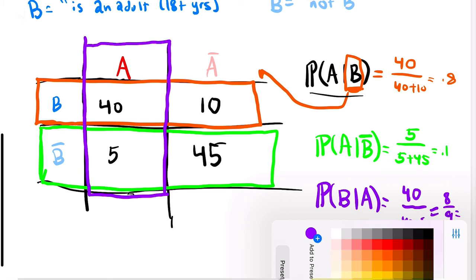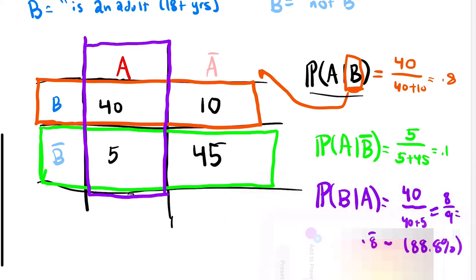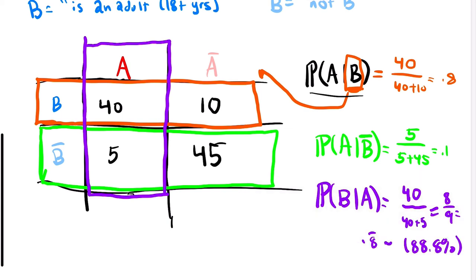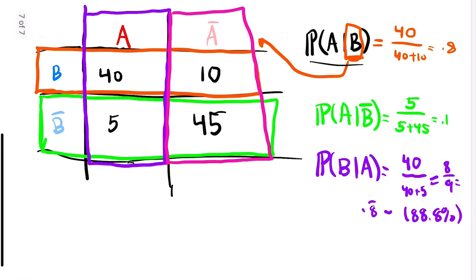And then finally, let's do pink. Another question we can ask is, what is the probability that we are a child, given that we don't like Brussels sprouts?